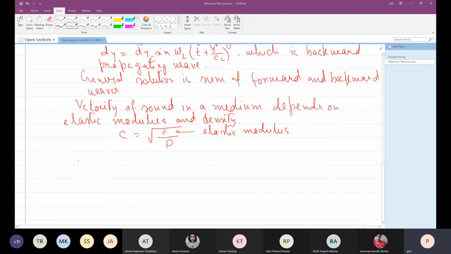Now for only longitudinal waves, like those available in gases and liquids, hardly any CR is available.